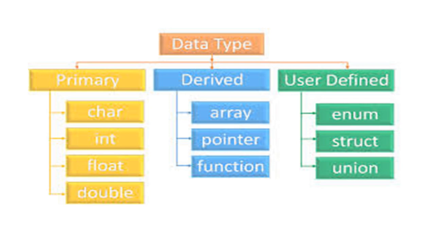Char, int, float, double are the primary data types. Array, pointer, function are the derived data types. And structure, union and enumeration are the user defined data types.